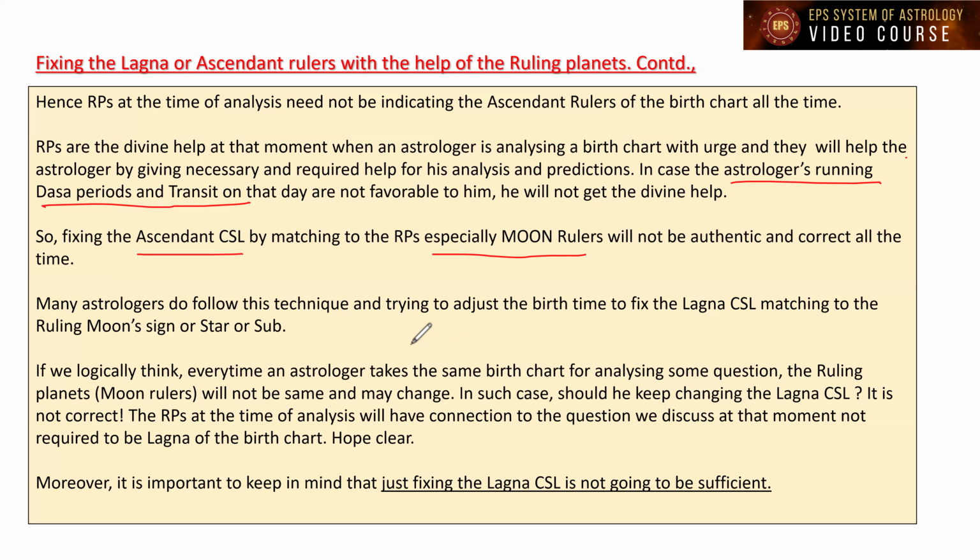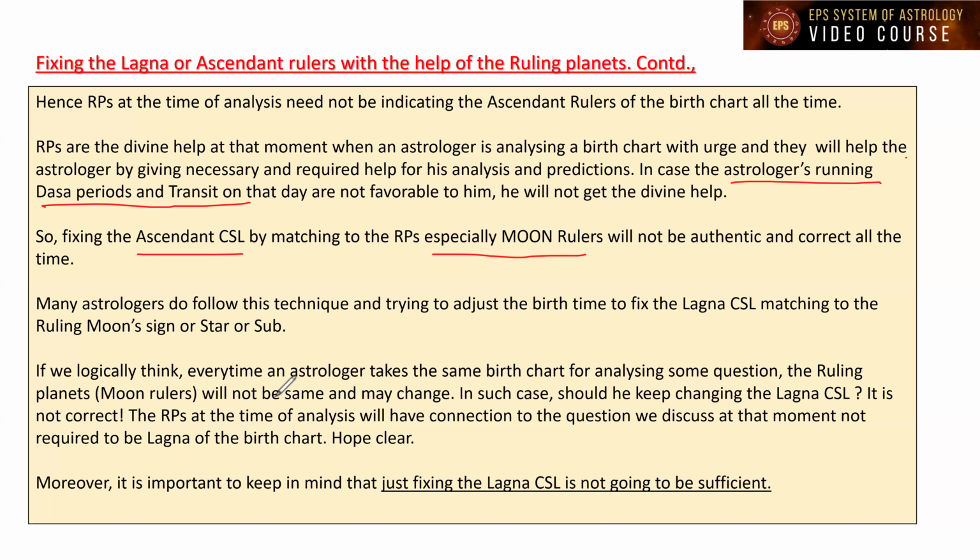They think it is going to connect to the lagna, so they try to match the lagna sublord or lagna sub-sublord. If it is the moon sign or star or sub, however it comes, they will try to match, just by reducing or increasing seconds. But if you logically think, that is not correct actually. Why?